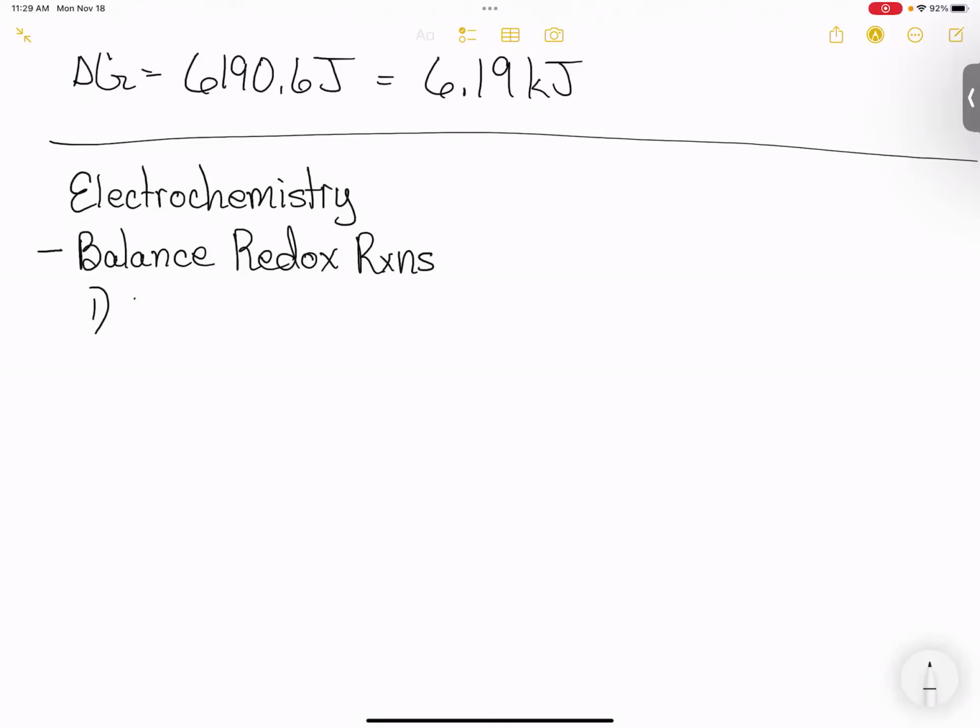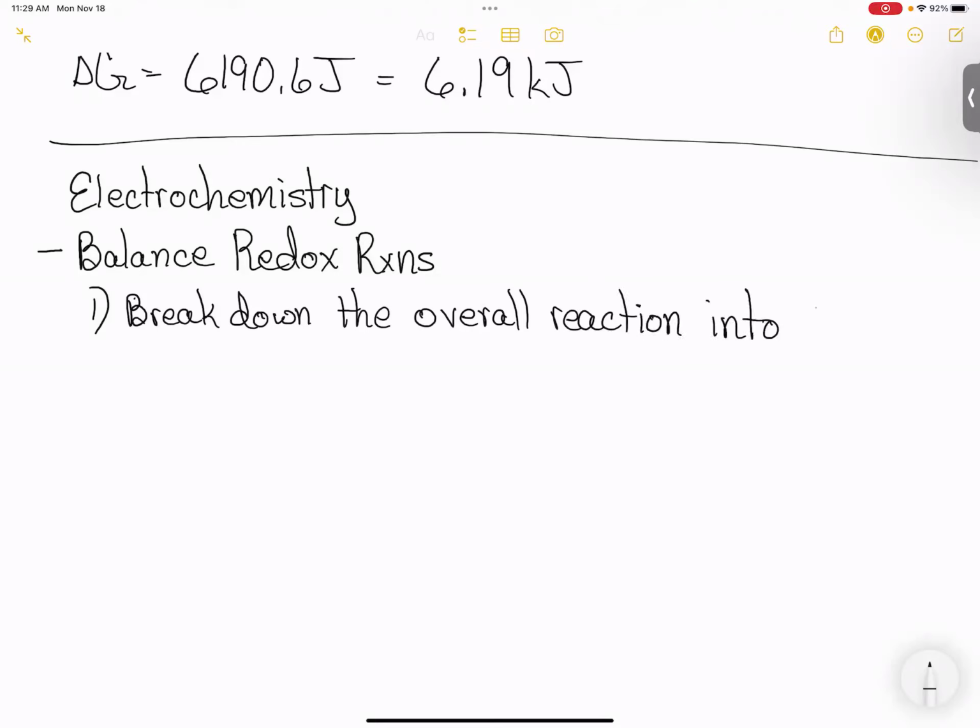The first thing we're going to do is break down the overall reaction into 2 half reactions, one for oxidation and one for reduction.